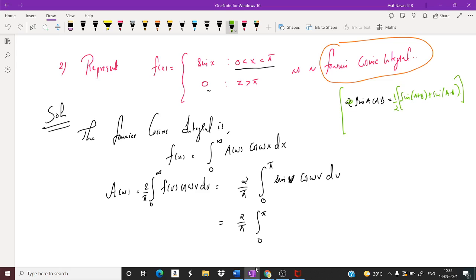Now here, a equal to v and b equal to omega v. So this can be written as sin of a plus b, so sin v plus omega v, plus sin v minus omega v, dv.